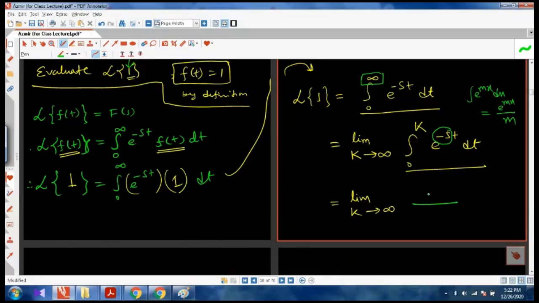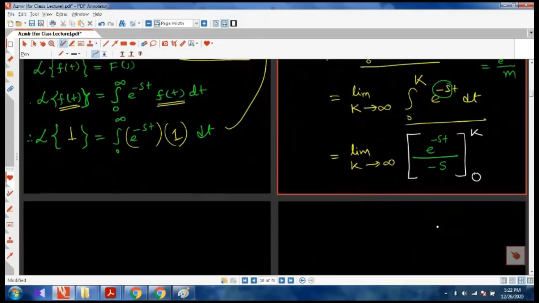That means e to the power negative st over negative s, and we have the limits of integration: upper limit k, lower limit 0. Do you understand how I am solving? Any problem up to here? No, sir.